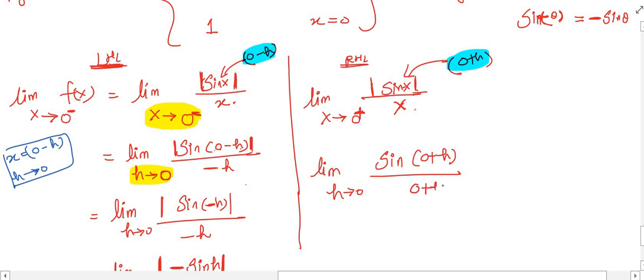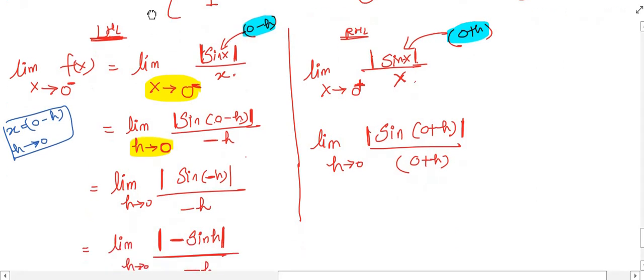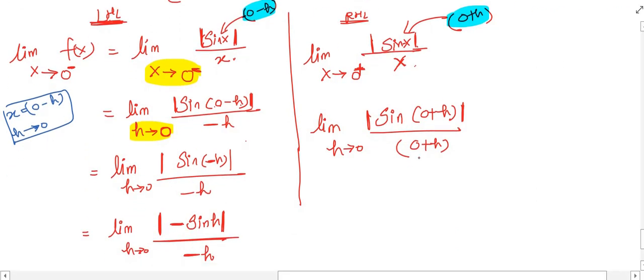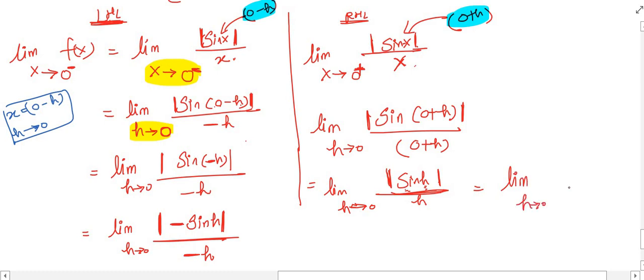So it is 0 plus h. Mod was also there. So what we will get here is the limit as h is tending to 0 of mod of sine of h by h, correct? So this is some positive number only, sine h. So how do we remove mod? Directly, it will go for a positive number.